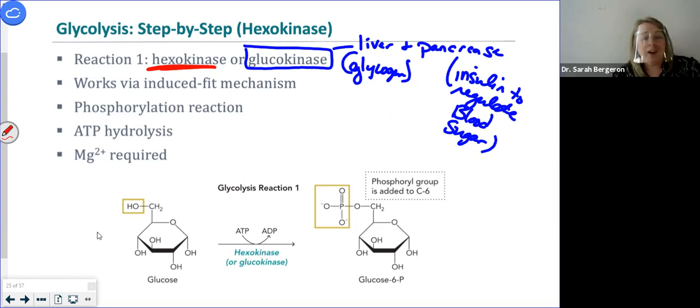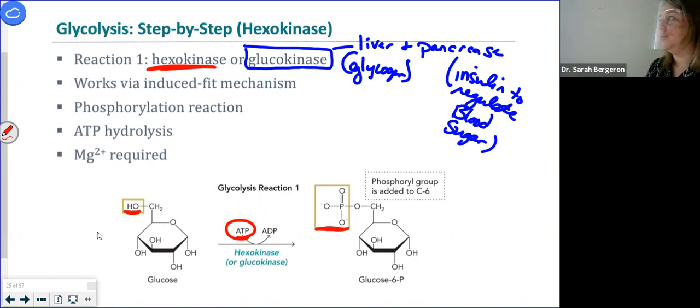So hexokinase and glucokinase both catalyze a phosphorylation reaction. So this is one of those investments where we're using up an ATP. And what we're going to do is replace the hydroxyl with a phosphate group. So that's on carbon number 6, so that we get glucose 6-phosphate.